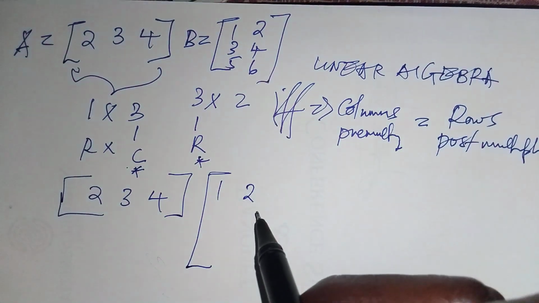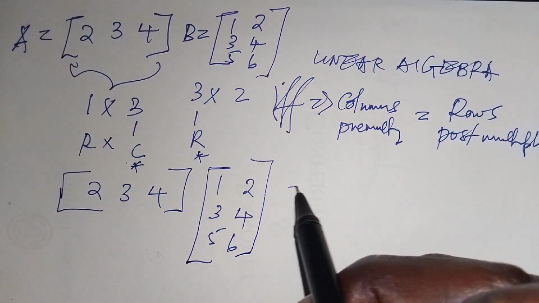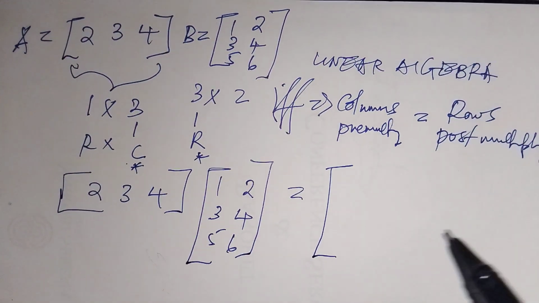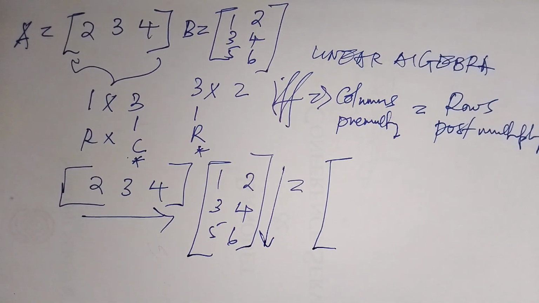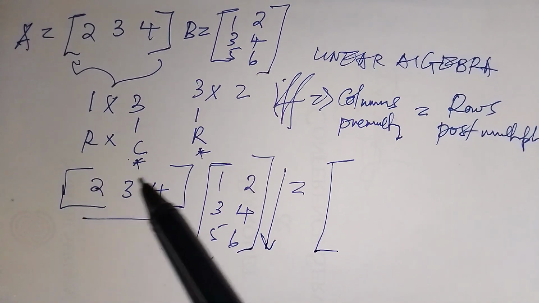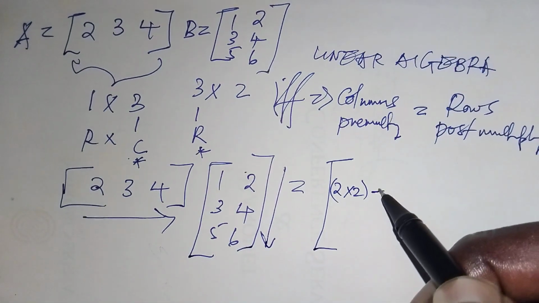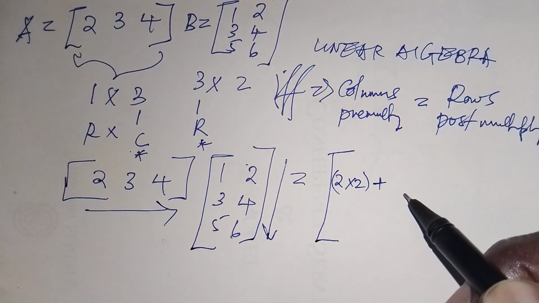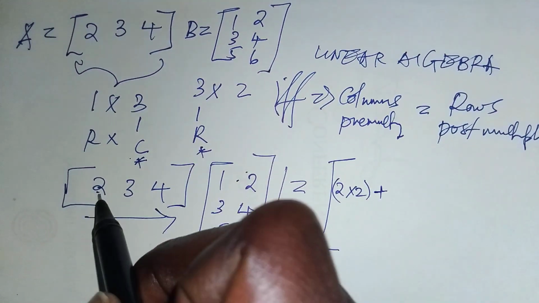So you have 1 2 3 4 5 6. So we have row multiplied by the column. So you have 2 times 2, then plus you have 2 times 1.